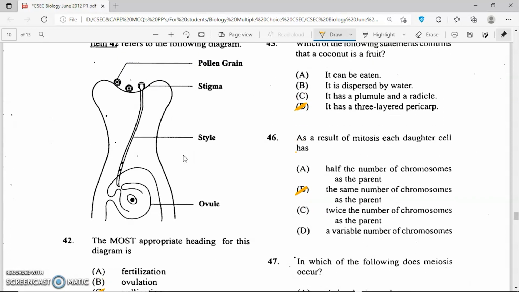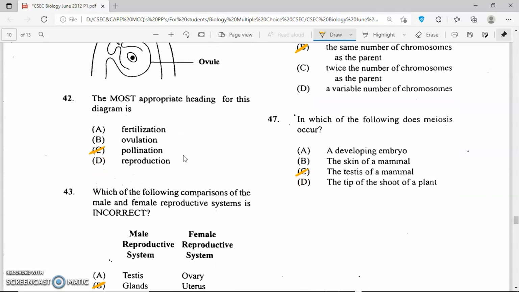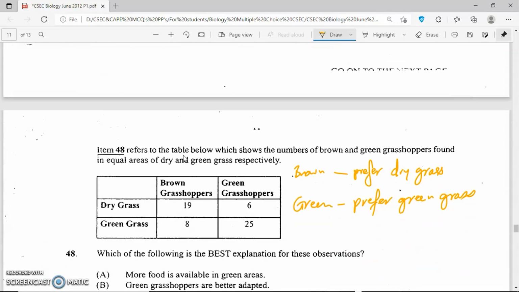As a result of mitosis, each daughter cell, the answer would be B, would have the same number of chromosomes as the parent cell. Number 47 says, in which of the following does meiosis occur? Meiosis occurs in reproductive cells, so that would be the testes of a mammal, where sperm is produced. So the answer for 47 is C.